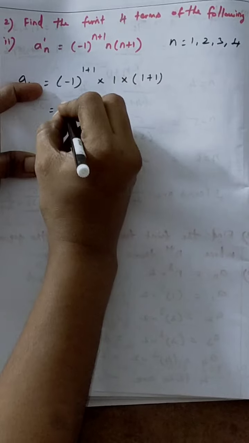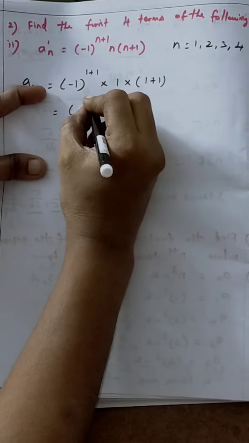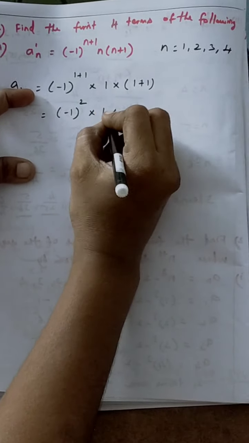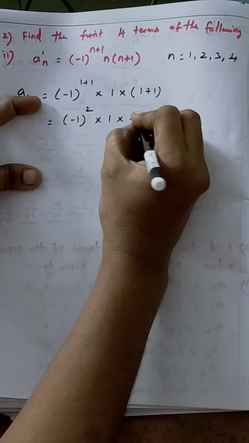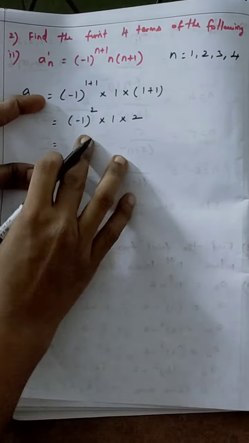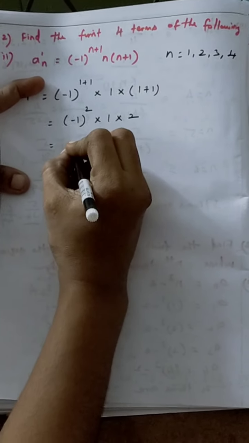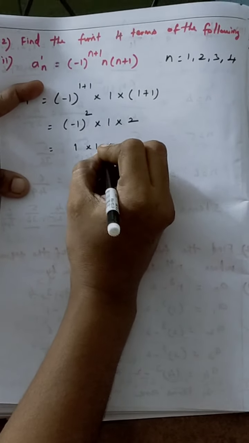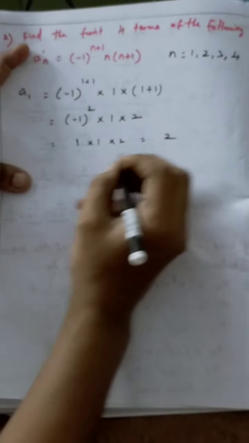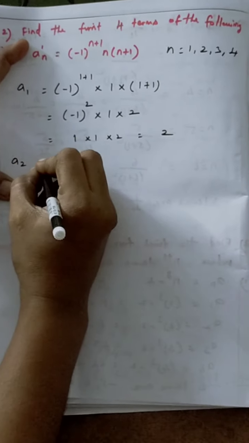Okay, find out: minus 1 power 1 plus 1 is 2, into 1 into (1 plus 1) into 2. Okay, so minus 1 to the power 2, being an even power, the sign is plus only. So 1 into 1 into 2 equal to, answer, first term is 2 only. Next one is a2.